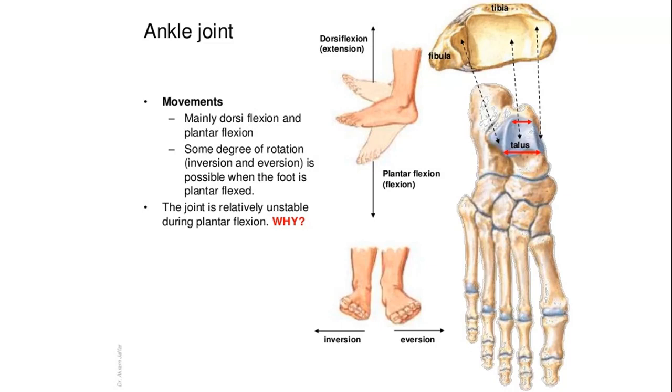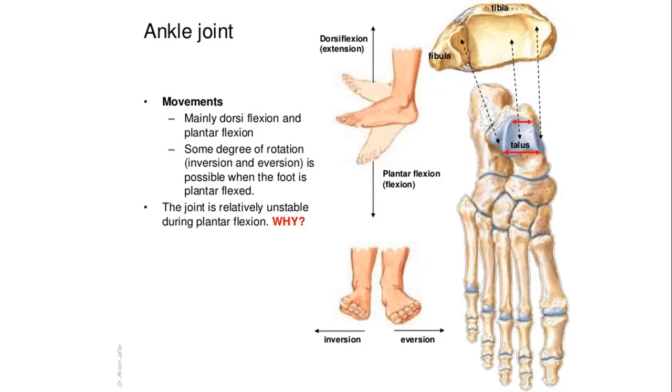Movements: if you move your foot, you can see you can dorsiflex it, you can plantar flex it, you can invert it, you can evert it. Dorsiflexion, some degree of rotation, inversion and eversion are possible when the foot is plantar flexed.